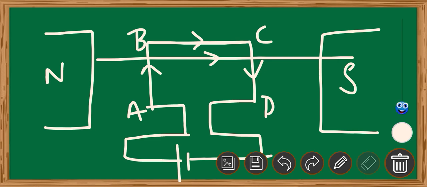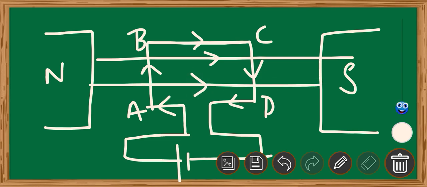In the case of BC as well as AD, the sides are parallel or anti-parallel to the magnetic field lines between the north and south pole. So the angle between them is 0.